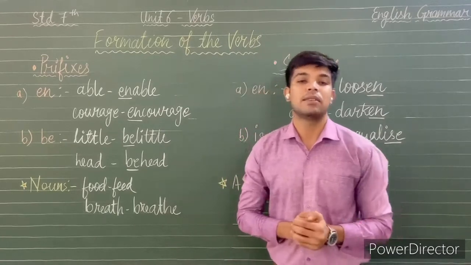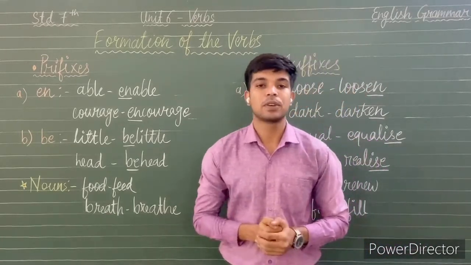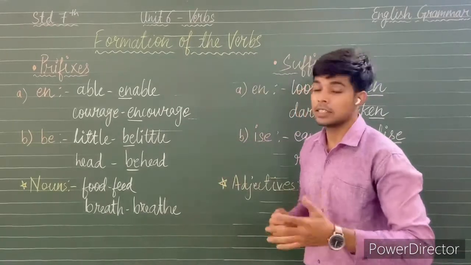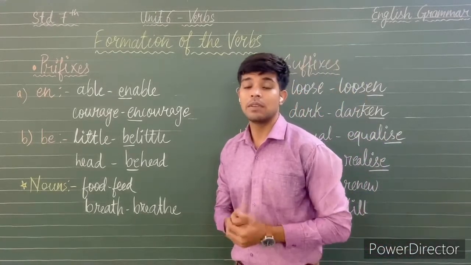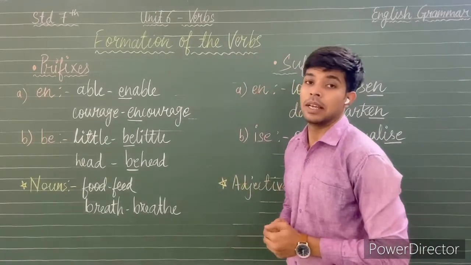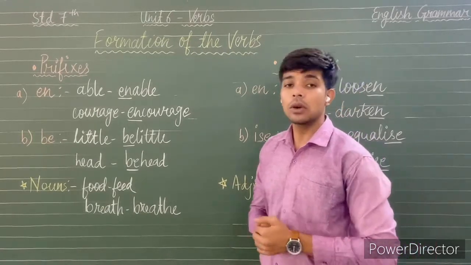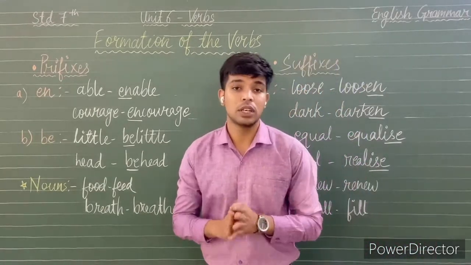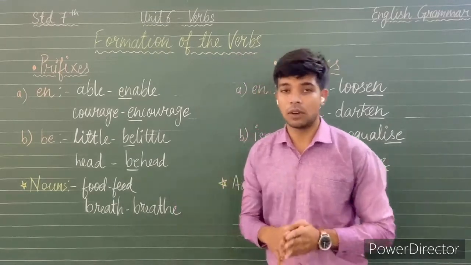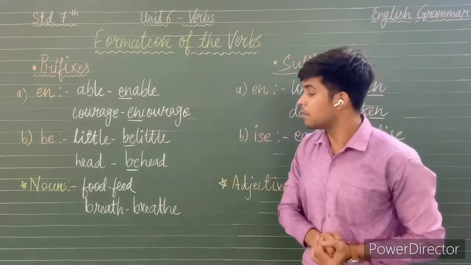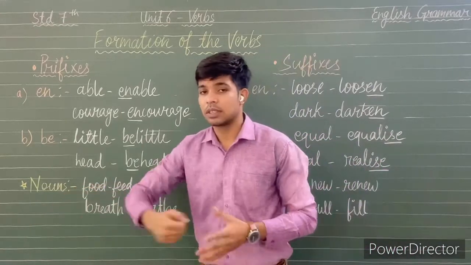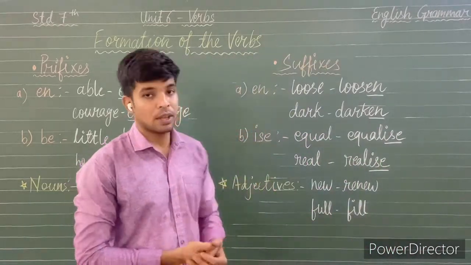Now we have discussed the different types of verbs: transitive, intransitive, main verbs, helping verbs, and regular and irregular verbs. Now we will look at the formation of verbs. First of all, verbs are formed from nouns and adjectives.